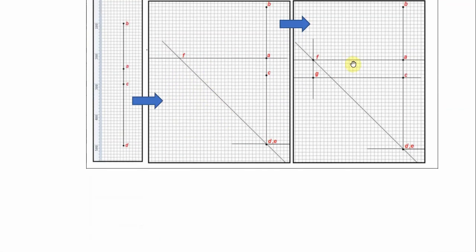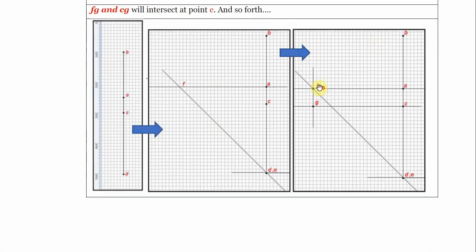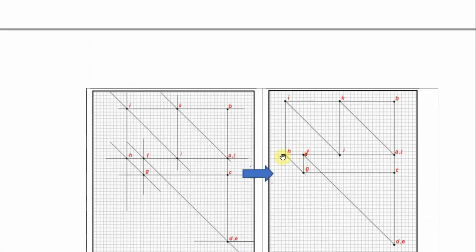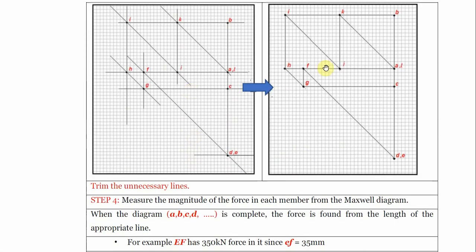Then at the end of the day, we will start measuring each one of them, the distance from here to here, based on the scale that we have applied. Since we said 10 kilonewton is equal to 1 millimeter, if we have 15 millimeter, that will be 150 kilonewton.